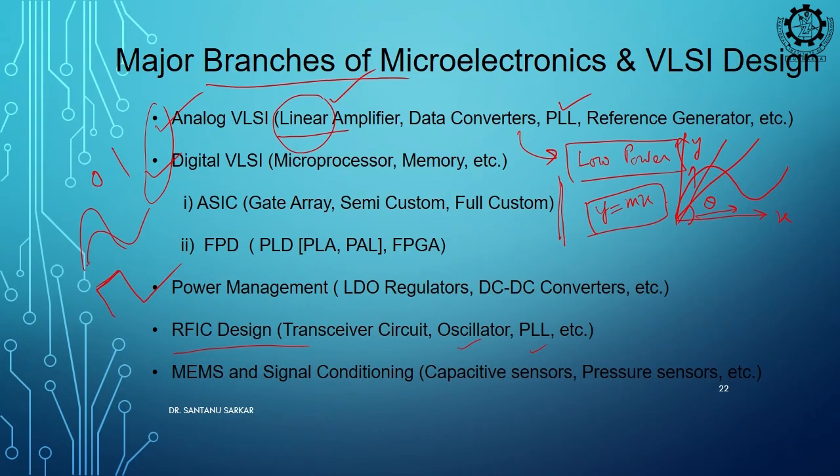but application-wise it falls in the RFIC. Okay. Another new domain getting importance nowadays is MEMS, circuit design for the MEMS interface. In real life applications, for example, an airbag or accelerometer. Several micro electro mechanical structures are there, and we are shrinking them, right.